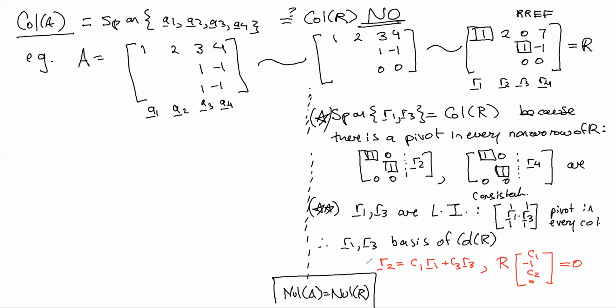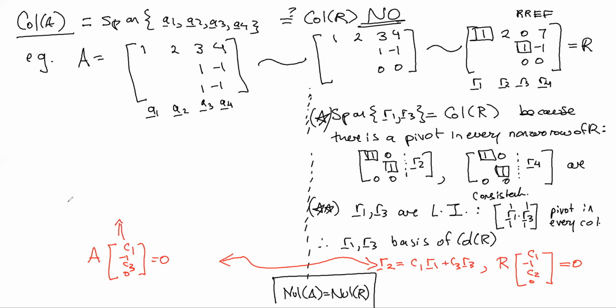And now this is the really sneaky part. I can now cross this line by using the null space fact, because this means that the same vector is in the null space of A. But now this tells me something about the columns of A, right?